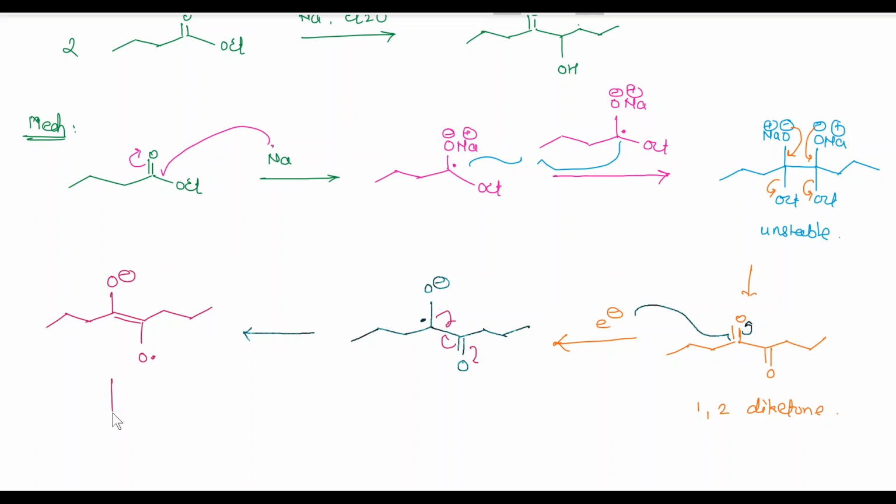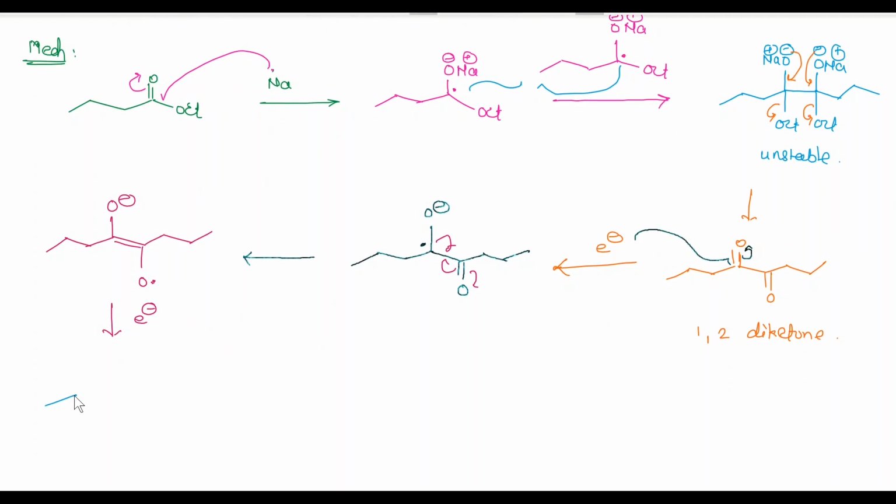In next step, this oxygen radical abstract one electron from sodium, and we get here oxygen negative, double bond, here oxygen negative, and propyl group.